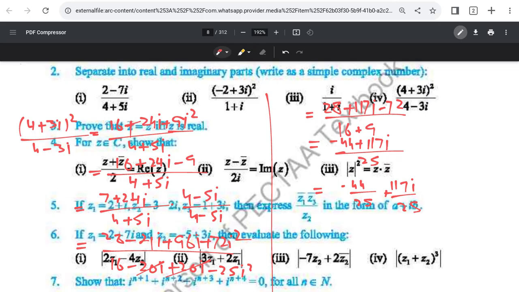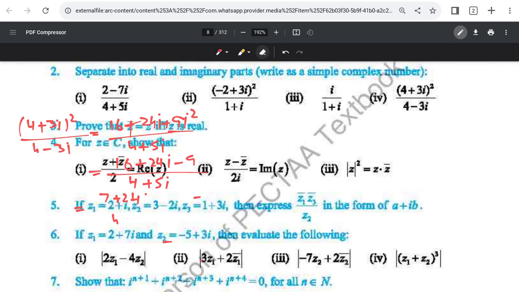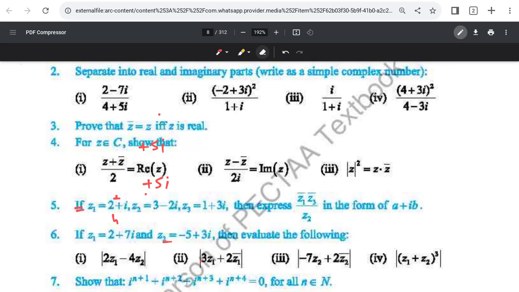Now we move towards question 3 quickly. In question 3 we have to prove that z bar is equal to z if and only if z is a real number.